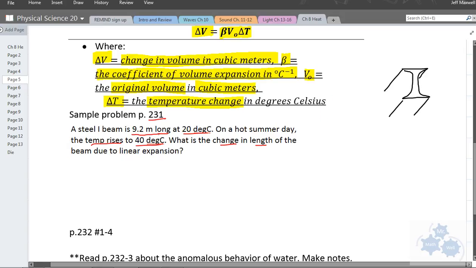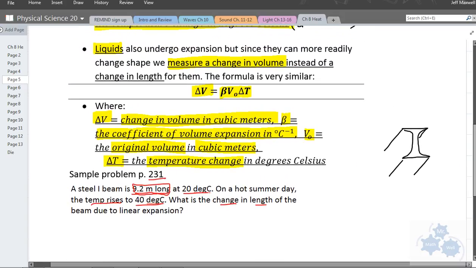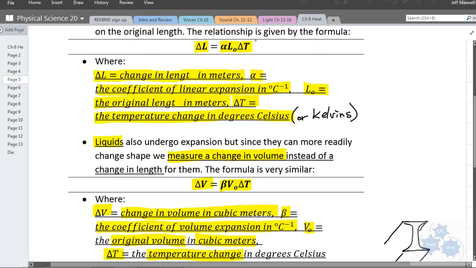So this 9.2 meters long, that is initial length. What you might want to do is put this together right away and say, I am going to need to use this formula, so I am going to label everything that I'm given in the question.